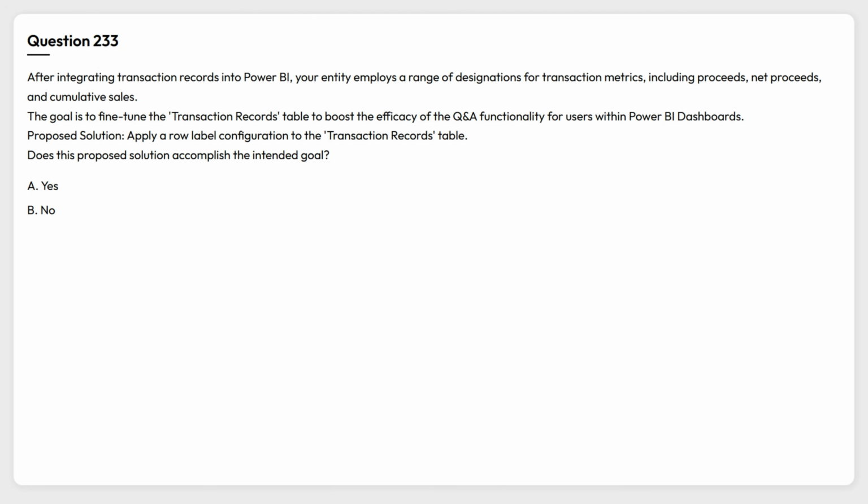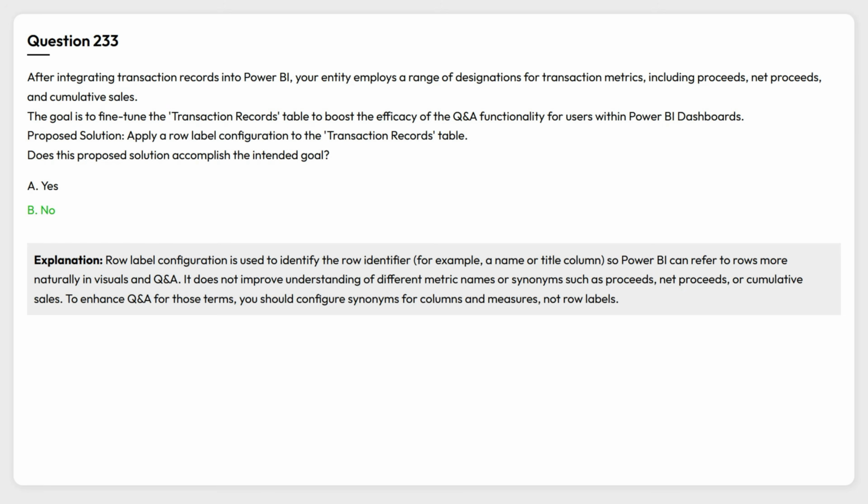Option A, yes. Option B, no. The correct answer is option B, no. Row label configuration is used to identify the row identifier, for example, a name or title column, so Power BI can refer to rows more naturally in visuals and Q&A.